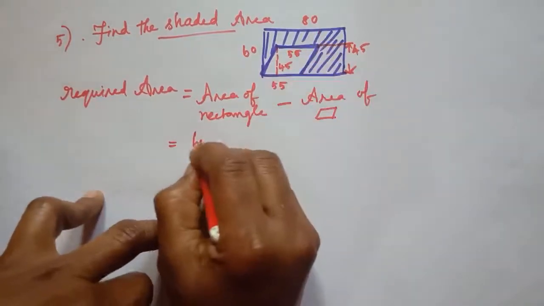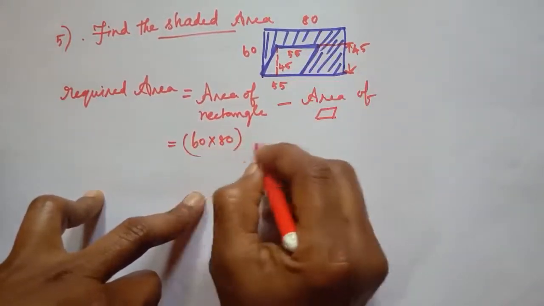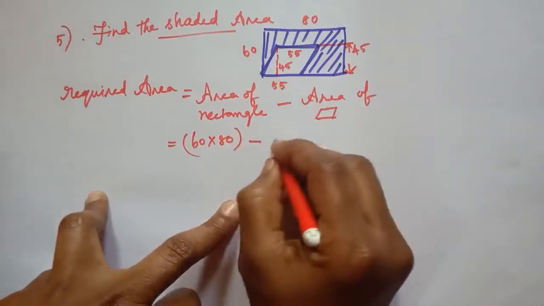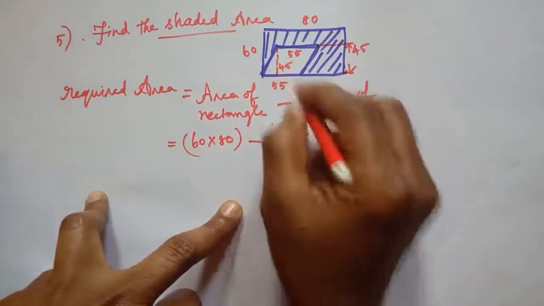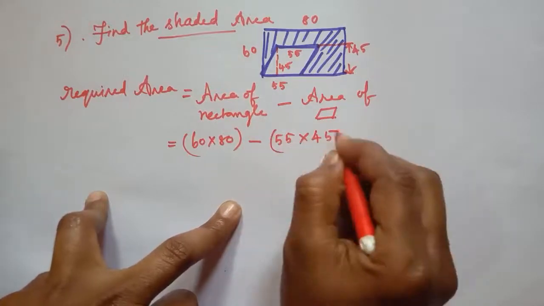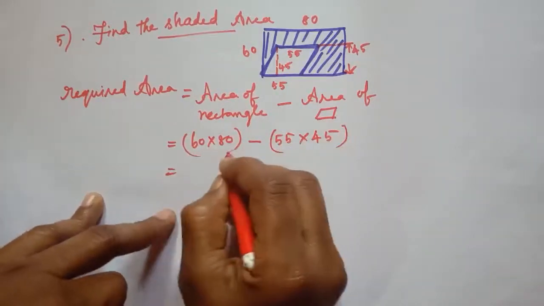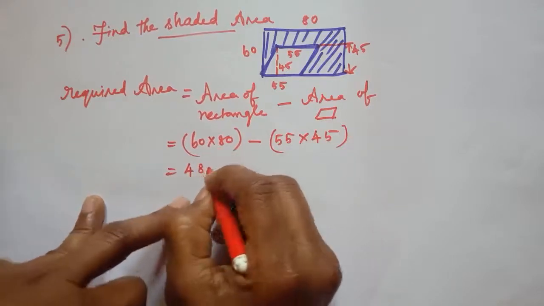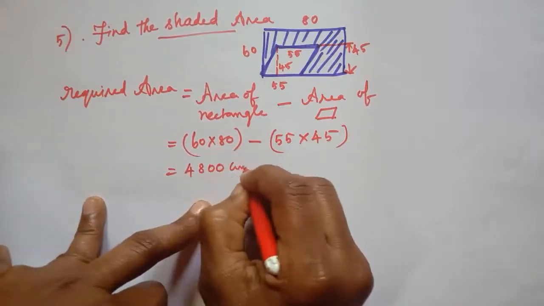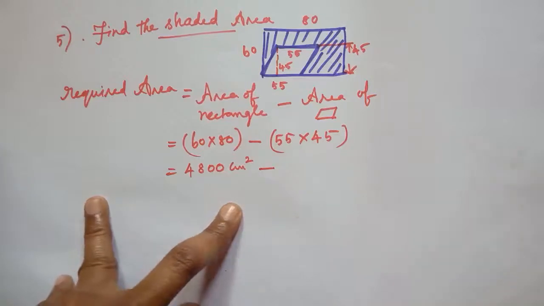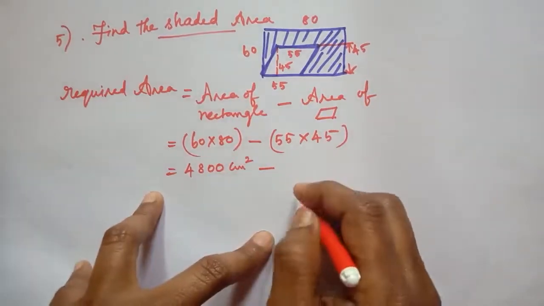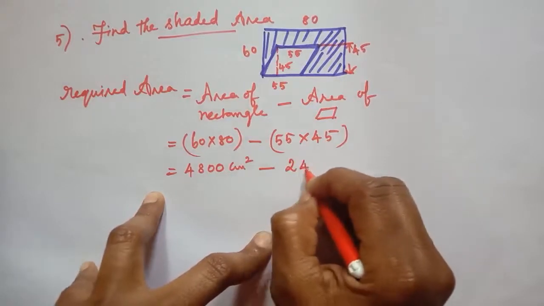60 into 80, minus area of parallelogram, b into h, b 55 into h 45. So that is equal to 6 4s are 6 into 8, 48, so 4800 centimeters squared, minus this one, 55 into 45, that is equal to 2475.